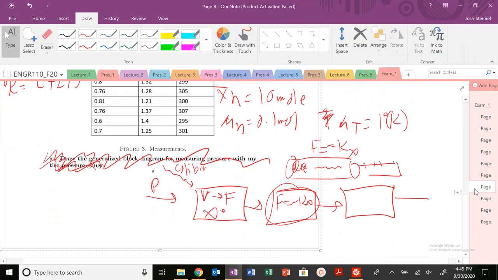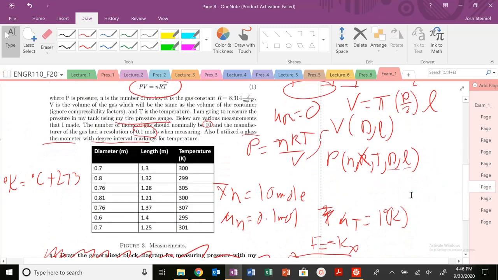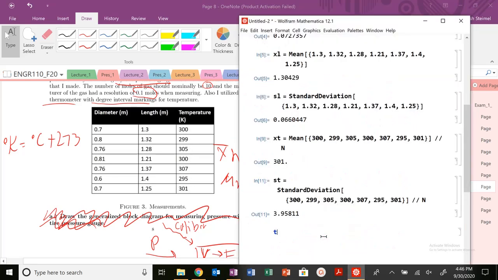So this problem asks us for a 95% confidence interval. So let's go ahead and find out these values. Luckily all of these have the same length: 1, 2, 3, 4, 5, 6, 7 measurements. So for 95%, it's 5% out of an alpha, t 0.025, with nu of 6.